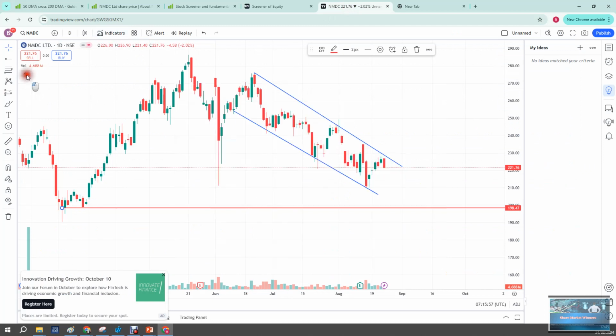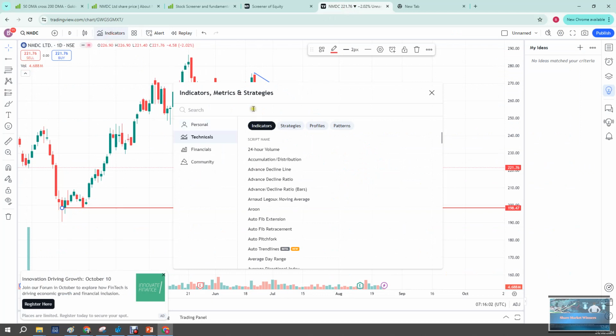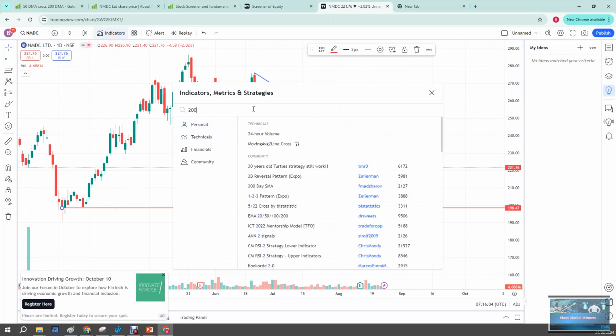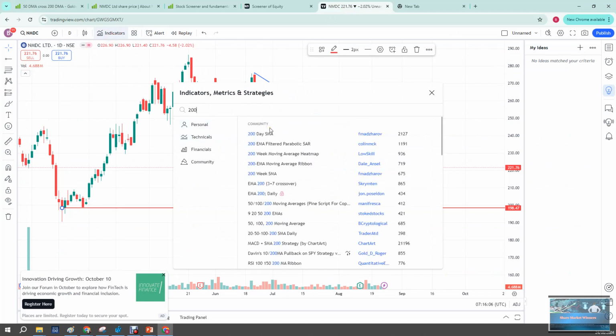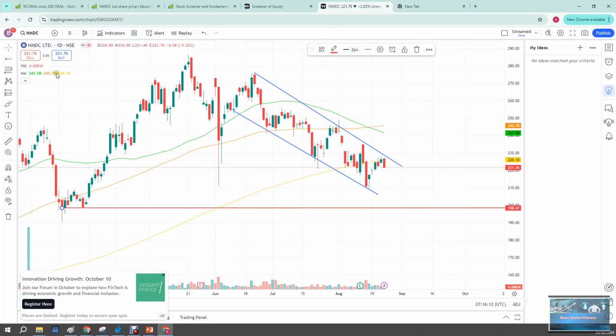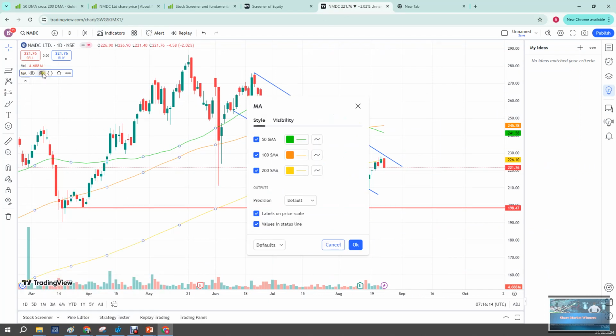I don't know whether I have added all of this. I'm just going to add one of the indicators, a moving average. This is a simple moving average which I have taken. In that, I'm just going to use only the 50 and 200 moving averages.